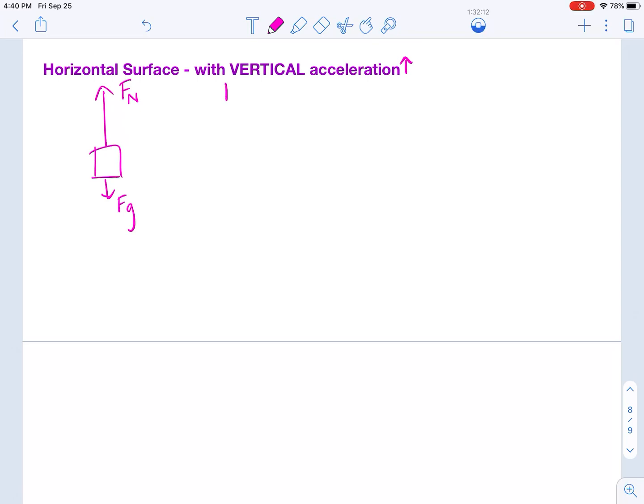So here we go back to the concept that the net force is responsible for this acceleration. So I would need to figure out what my net force is by adding these forces together. Now my gravitational force is in the negative direction, so we've been writing it like this.